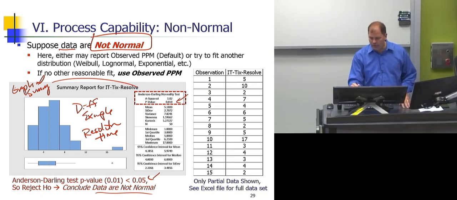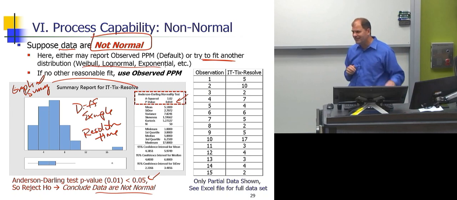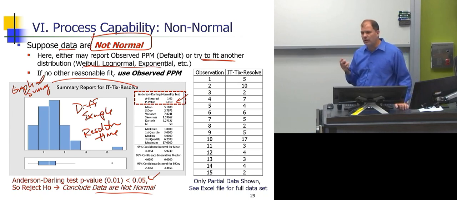Alternatively, I could try to fit another distribution. In this class, I'm going to limit us to the following 3 other distributions: a Weibull, a log normal, and an exponential. The reason I'm doing that is these distributions tend to fit skewed right, skewed left distributions.